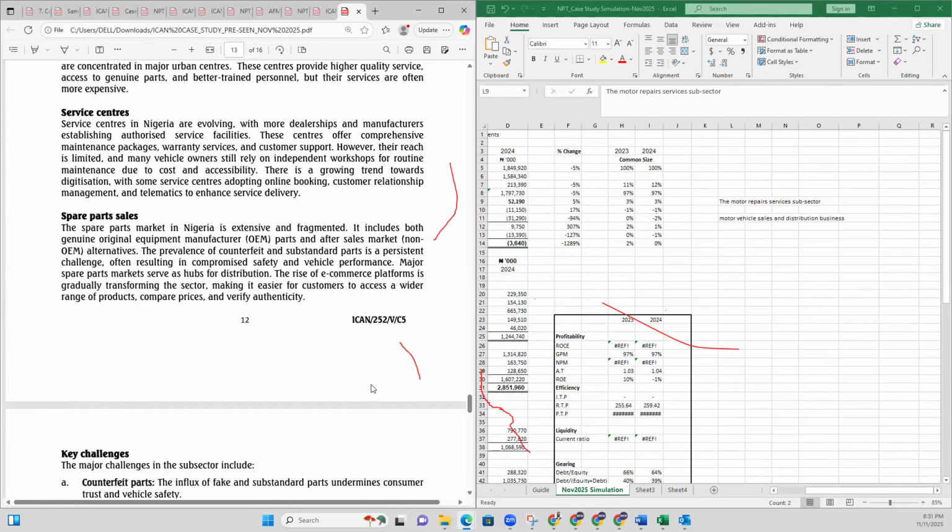Major spare parts markets serve as hubs for distribution. The rise of e-commerce platforms is gradually transforming the sector, making it easier for customers to access a wider range of products, compare prices, and verify authenticity.